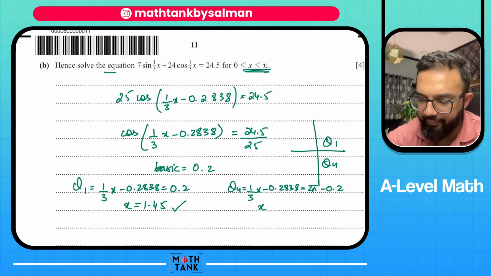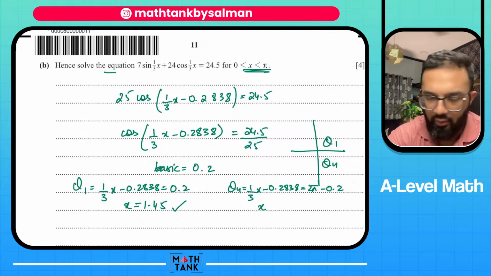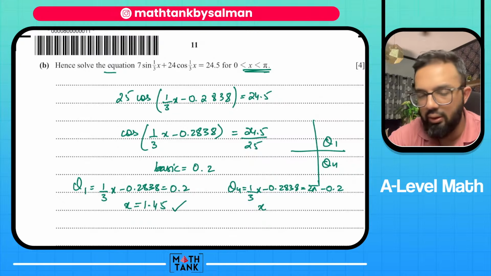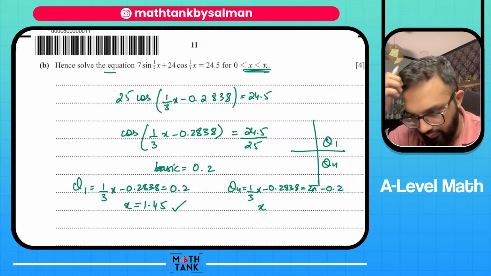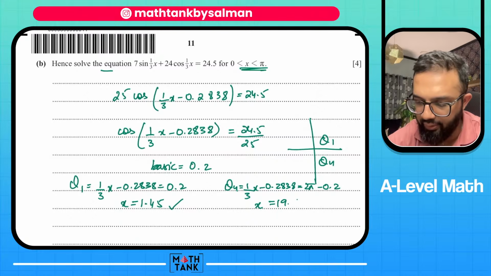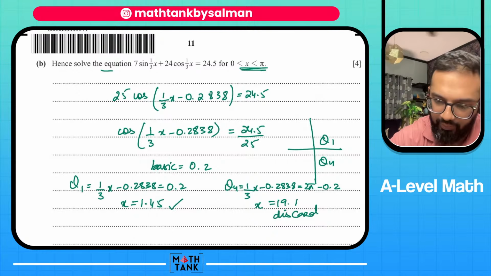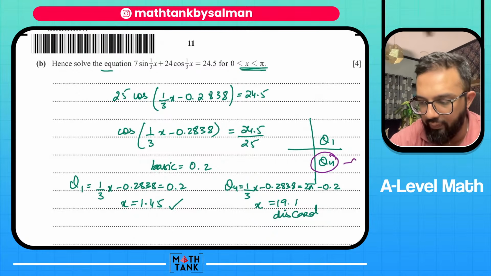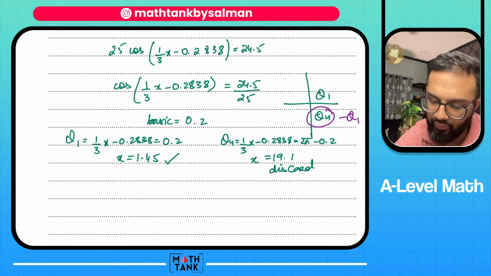Look at this one. 0.2838 into 3. It's 19.1 that has to be discarded. But whenever you now discard something, you have to bring something in that position. What would I have? I would have the negative quadrant 1 in this position. So how will I calculate the negative quadrant 1?